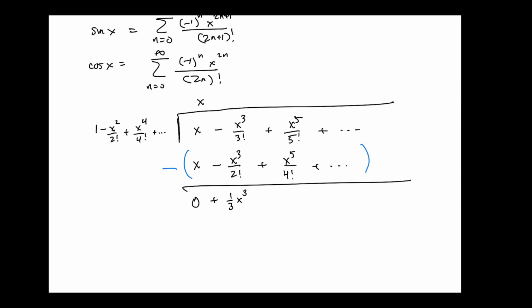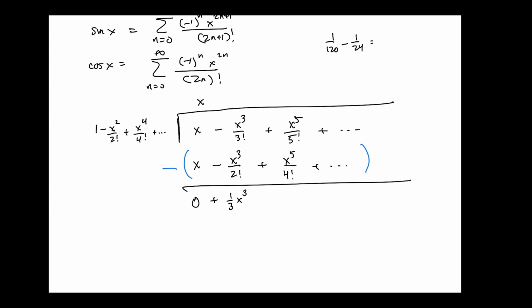All right, what's the next term? Well, what's 1 over 120 minus 1 over 24? What's the common denominator here? It would be 24 times 5.